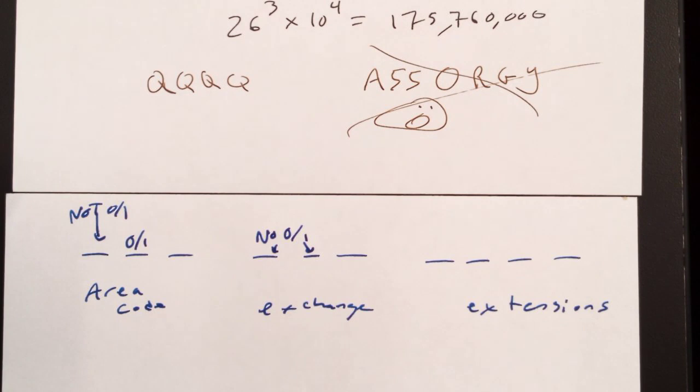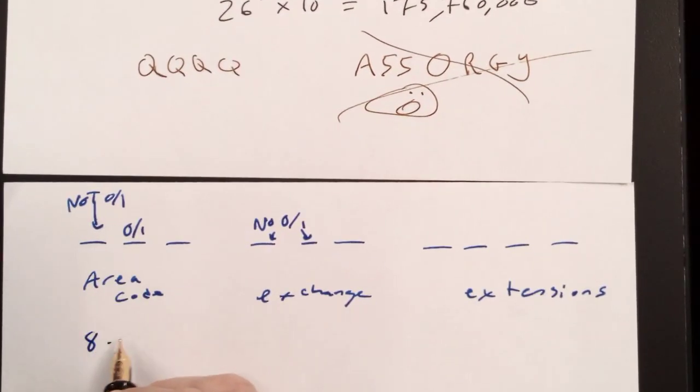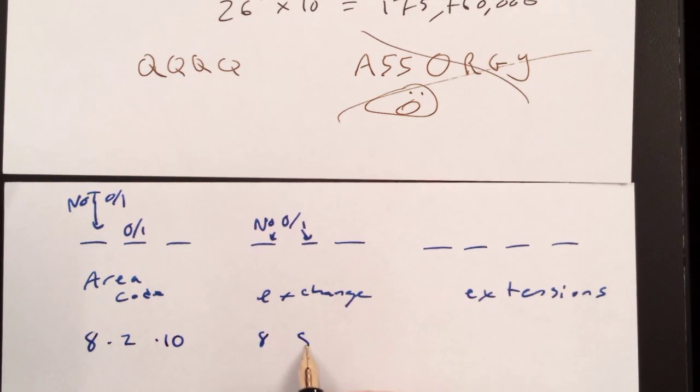How many phone numbers are possible? All you need to do is fill in each dash with the number of options available. 8 options, 2 options, 10 options, 8 options, 8 options, 10 options, and then 10 for each of these.